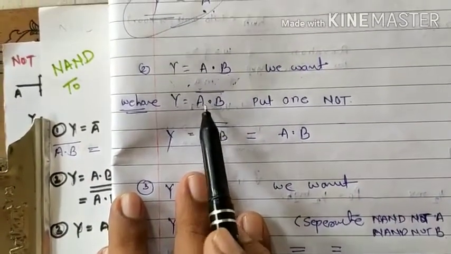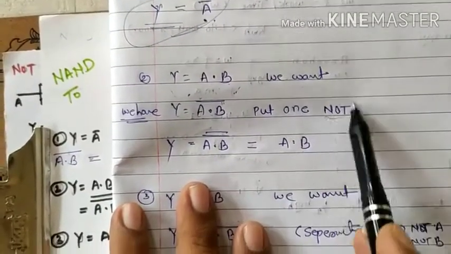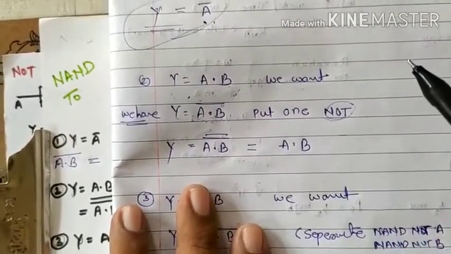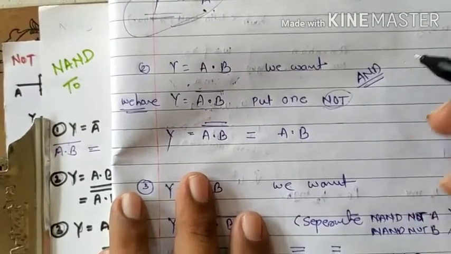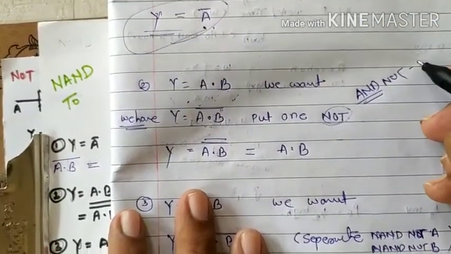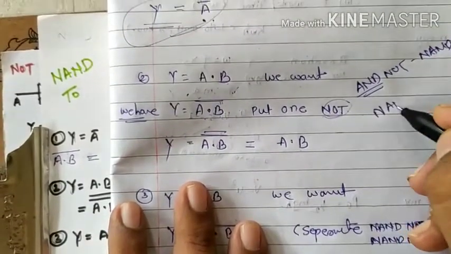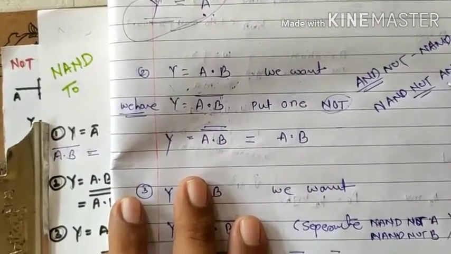If we add one NOT gate in front of this NAND gate, it will become an AND gate, because we know if we have AND gate and we put one NOT, it will be NAND. And if we have one NAND and we put one NOT, it will be AND.